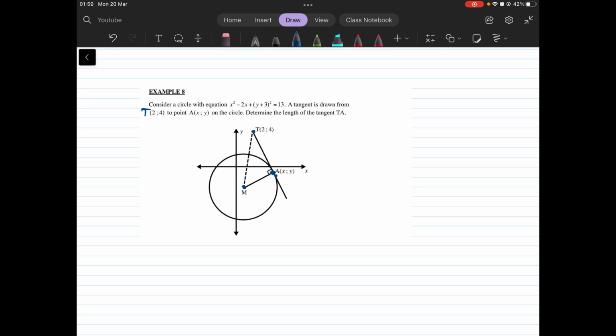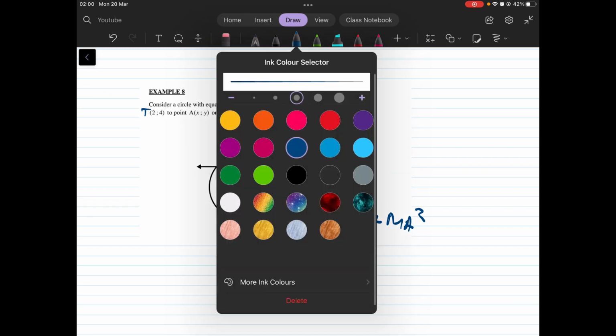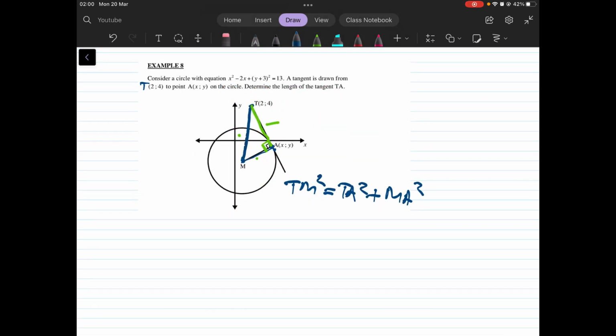Once you have this distance and the coordinates of the center, you can calculate that other distance, which is MT. You can then calculate your TA by using the fact that you have a right angle triangle with two known sides, and you look for the third side using the theorem of Pythagoras, which says that TM squared equals TA squared plus MA squared, where MA is the radius. So MA squared equals r squared.